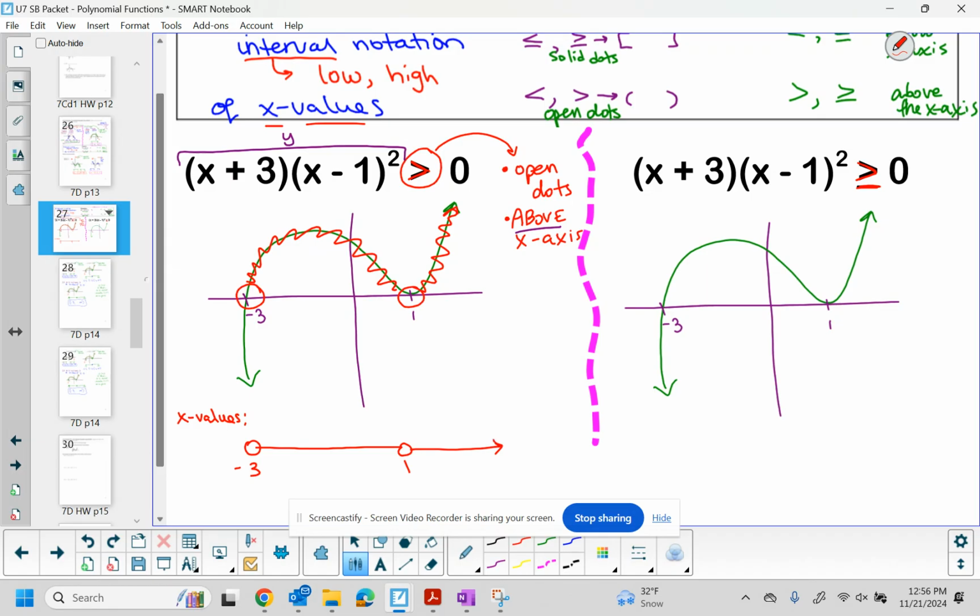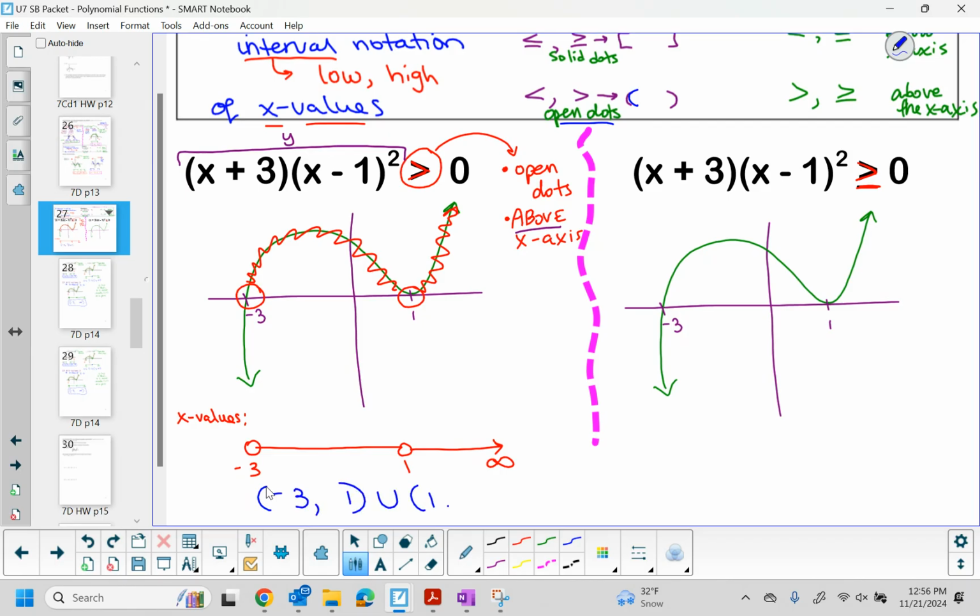Since it goes forever to the right, that is infinity. So I can write this as an interval going from -3, and since it's an open dot, I want to use a round bracket. So from -3 to 1, and then also from 1 to infinity. And infinities always have that round bracket.